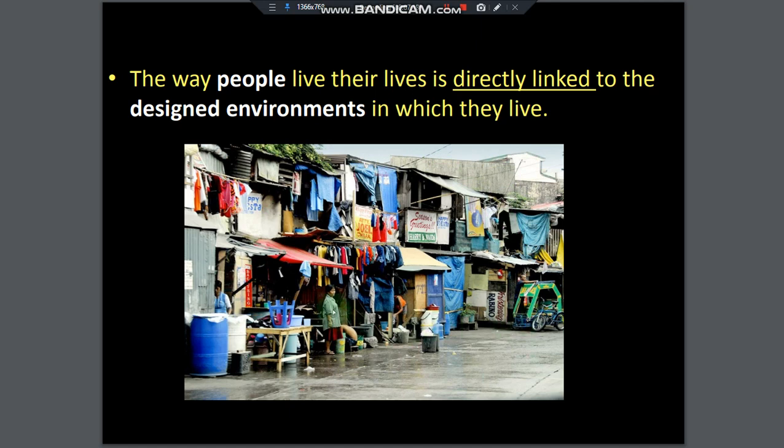So, you can assess what kind of people live in this type of surroundings, medyo magulo, no? Kaya nga, if you happen to go to Manila and makita mo itong klaseng environment, sasabihin mo magulo, iba-ibang klaseng tao ang nakatira dyan, no?